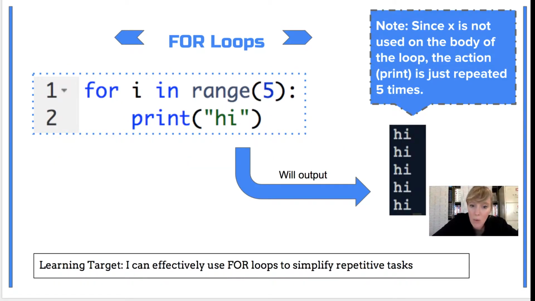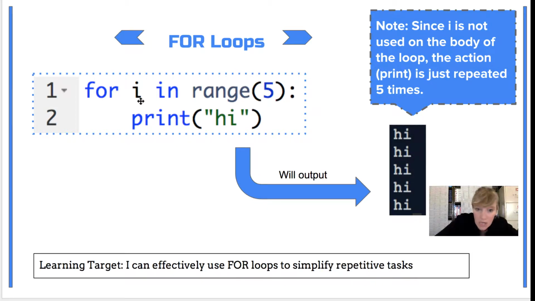One other thing to note is that you actually don't have to use the value of the iteration variable inside the loop. Since i is not used in the body of the loop, the action print is just repeated 5 times. So if it says for i in range 5, do an action, this action will be done 5 times, and it didn't have anything to do with the iteration variable.